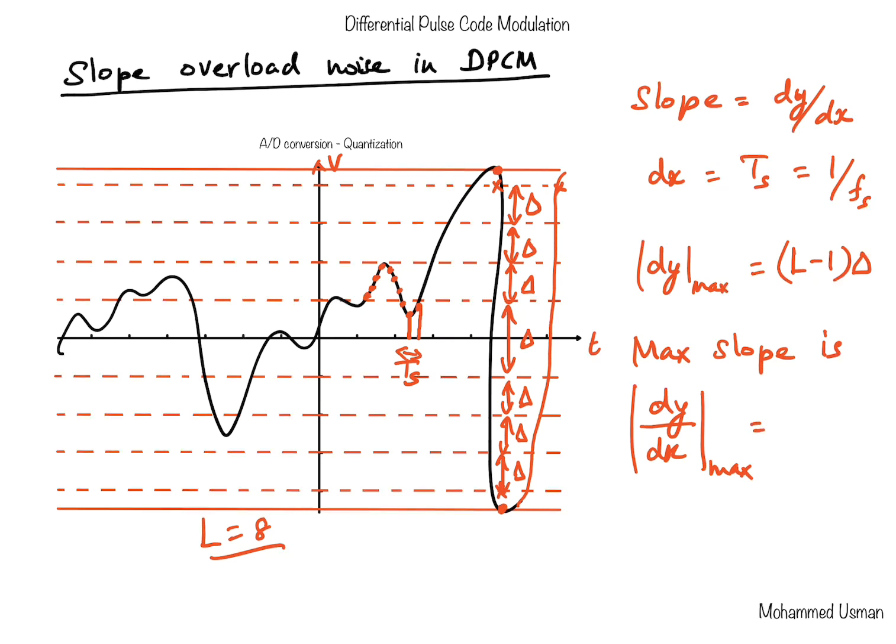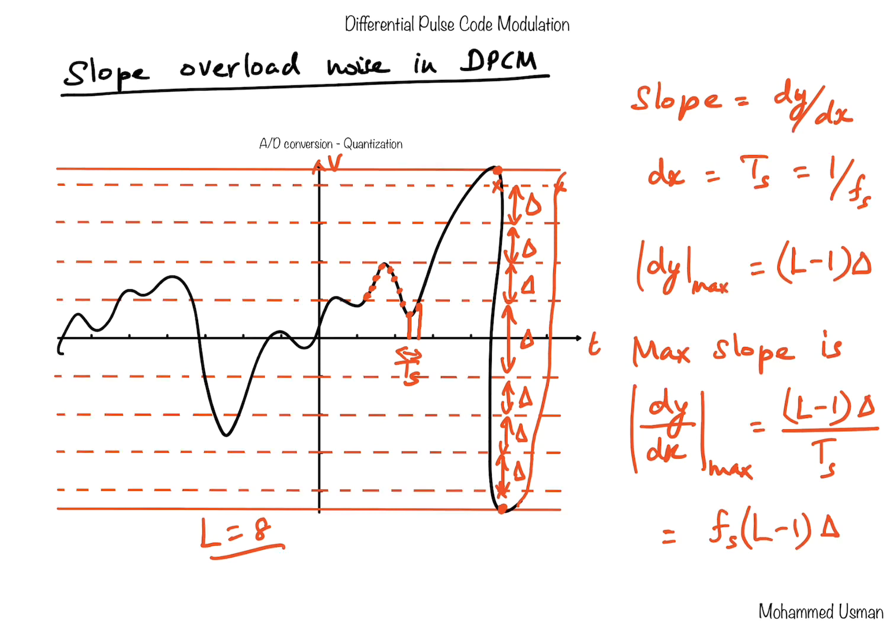Maximum dy is L minus 1 times delta, divided by Ts. dx is Ts, which is nothing but, Ts is 1 by Fs, so Fs times L minus 1 times delta. So that's the maximum slope that we are going to have on the DPCM output, and this is the maximum slope that it can support.